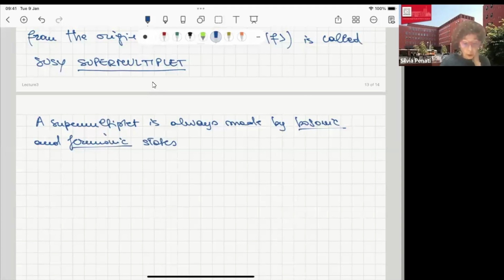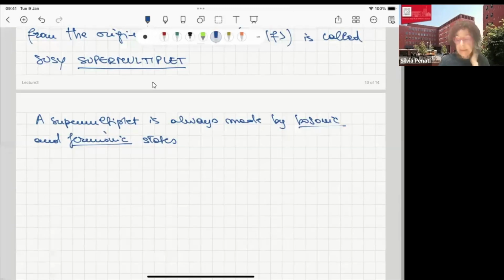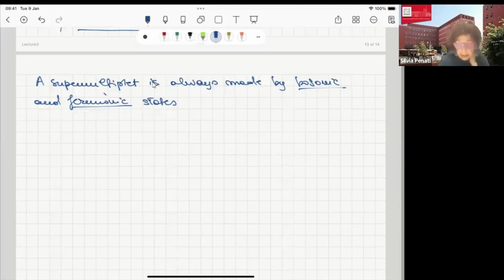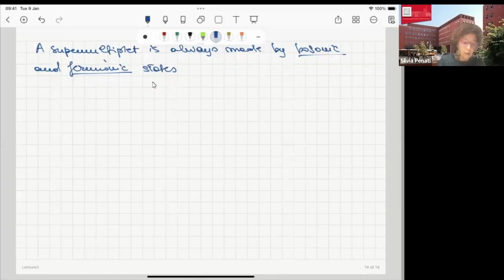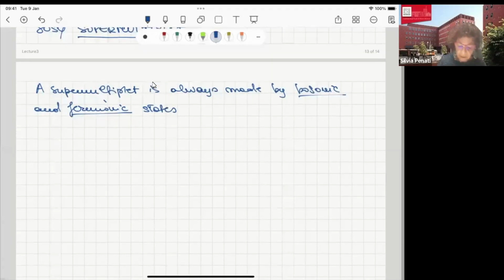What I want to show you is that exploiting, again, only properties of the supersymmetry algebra that we wrote at the beginning, we can already infer how many bosonic and how many fermionic states a supermultiplet contains. Okay, so this is what I will be trying to answer.